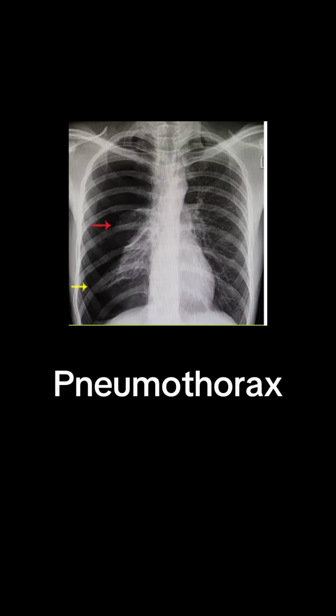So it depends on the size. If it's minimal in spontaneous pneumothorax, you observe; if it's excessive, of course you're going to go for needle decompression. But the tension pneumothorax concept is tested a lot, so please remember that needle thoracostomy before endotracheal intubation is essential.